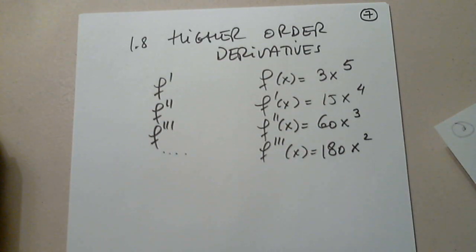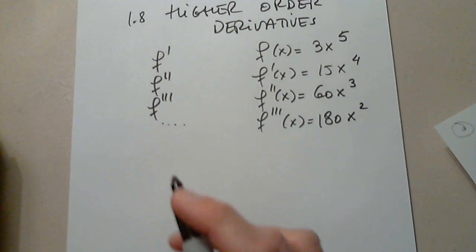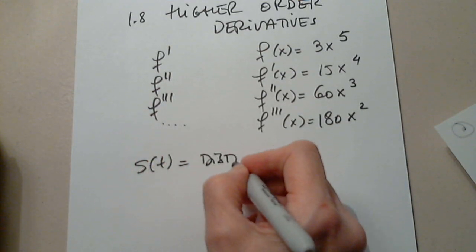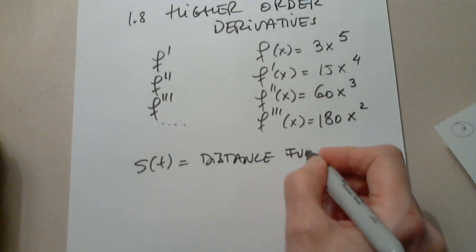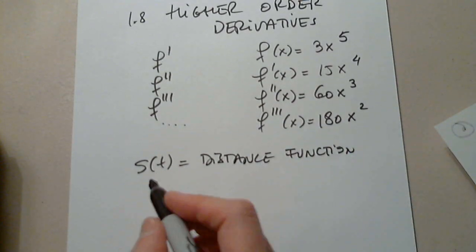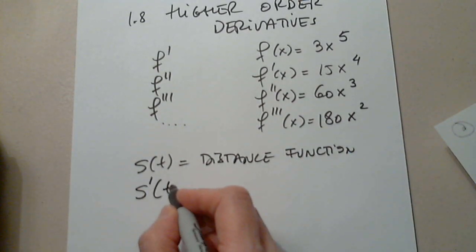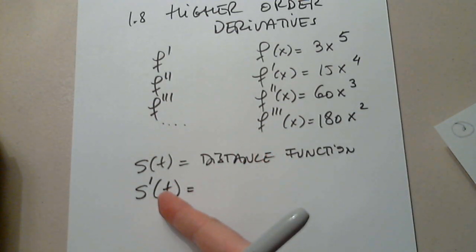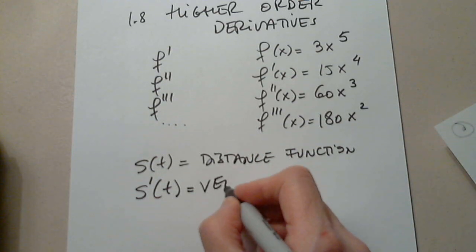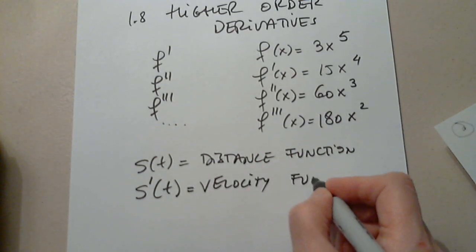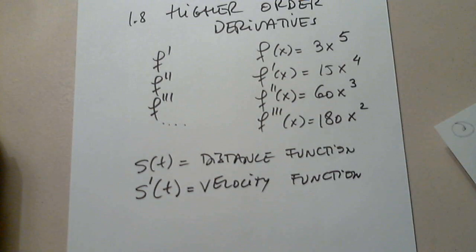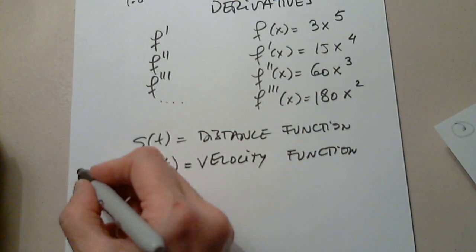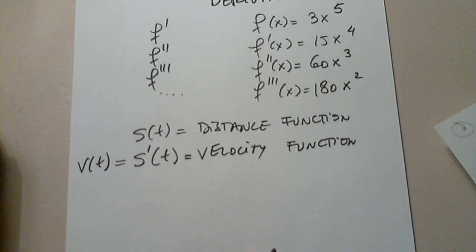Why is this important? Here's an example. If, let's say, s of t is the distance function, s prime of t is the rate of change of distance with respect to time, which is the velocity function, or speed. So that's the first derivative of the distance. So we can call it v of t.